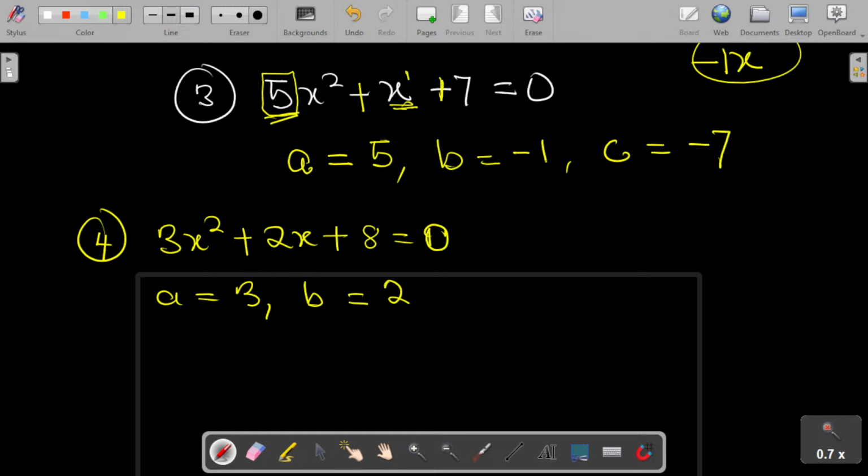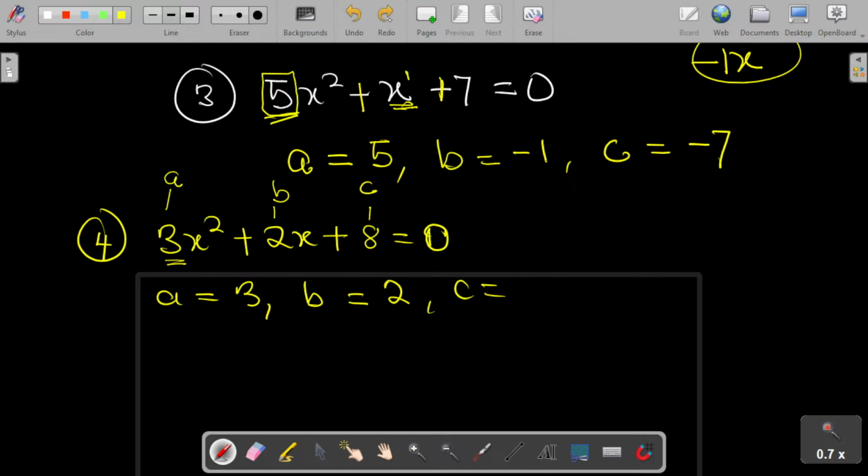Your A is the coefficient of x squared, the number multiplying x squared, and that is 3. The number multiplying x is 2. That's your B. This is your A. And then the one standing alone is your C, and that is 8.